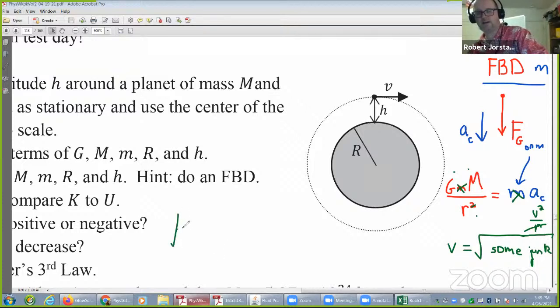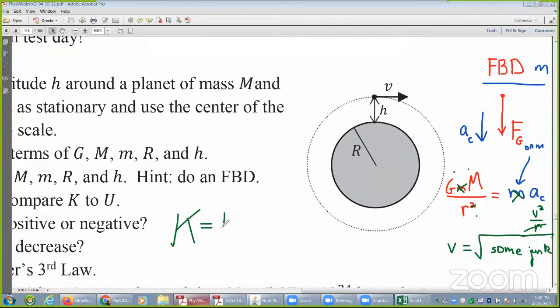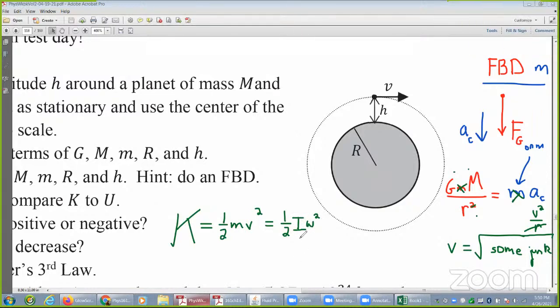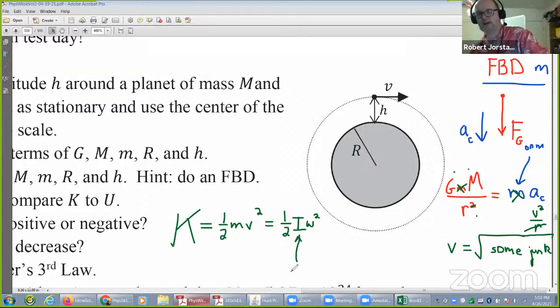How would I get the kinetic energy of this satellite? What's an equation I could use? 1/2 mv squared. Okay. It's a rotating body. Shouldn't I have to use 1/2 I omega squared? Would you need both? No. Either one is valid because the moment of inertia is going to be m times the radius squared.